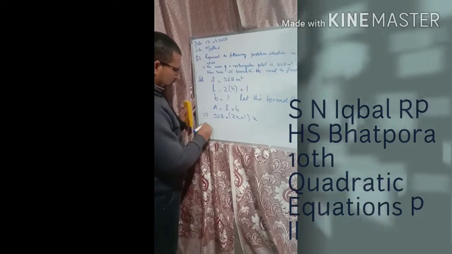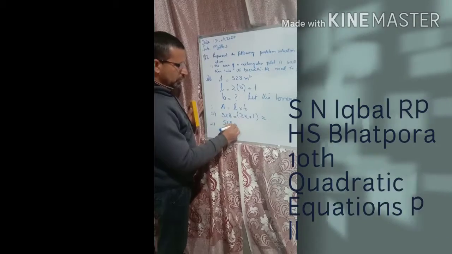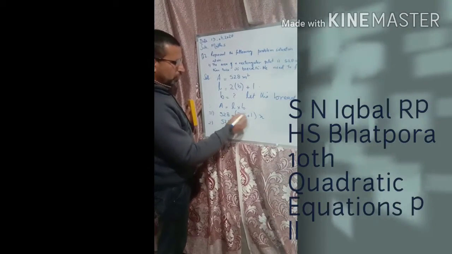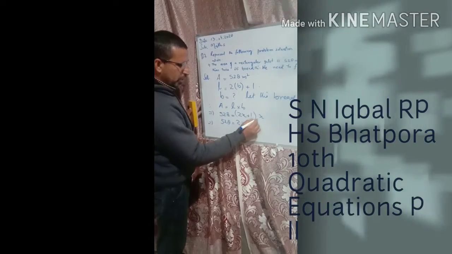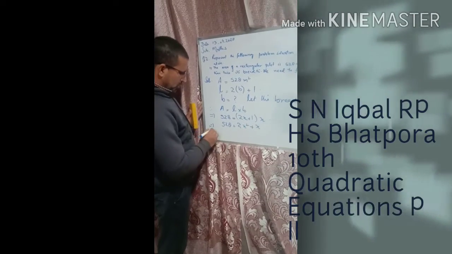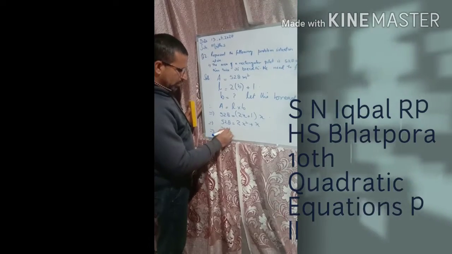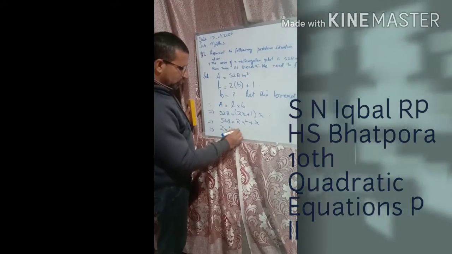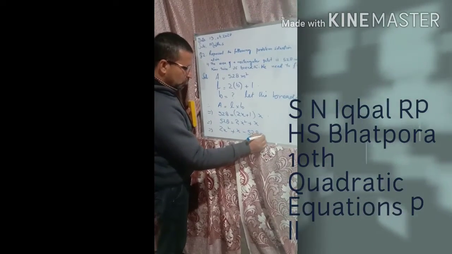Which implies that 528 is equal to 2x into x, 2x square, plus x into 1, x, which implies that 2x square plus x minus 528 is equal to 0.